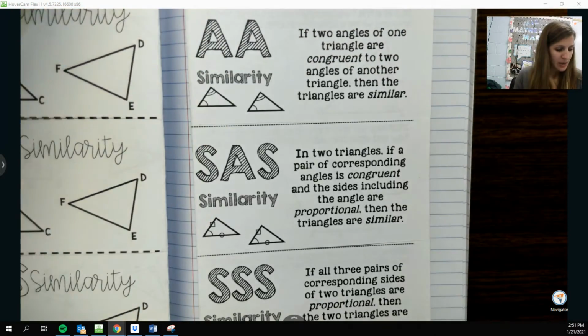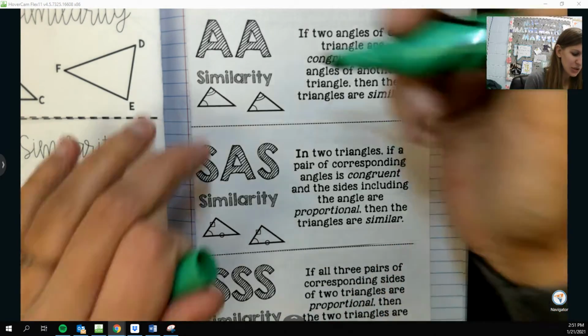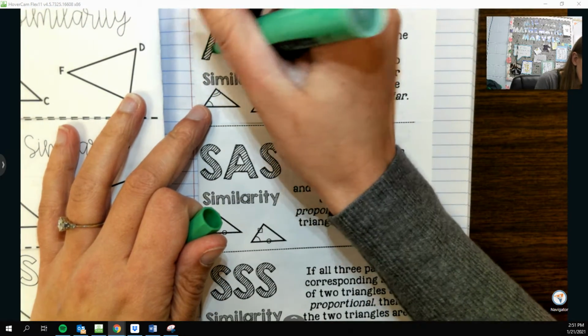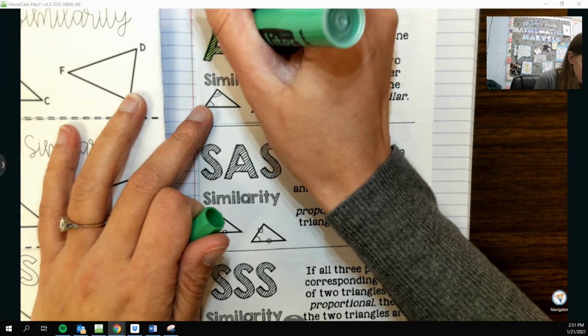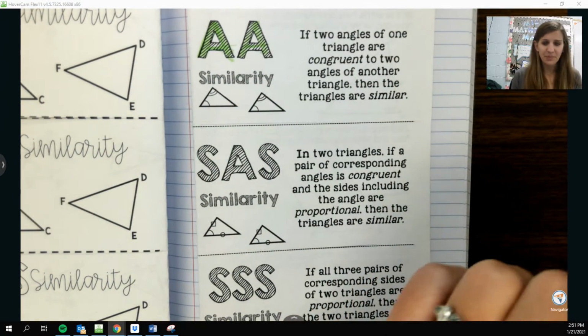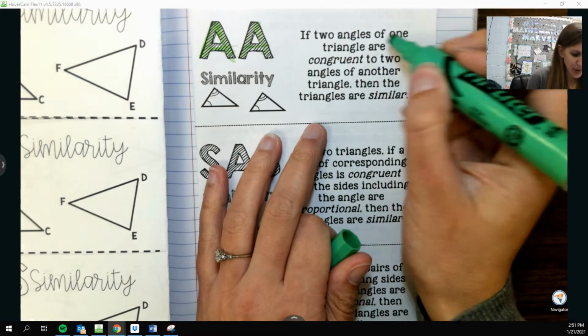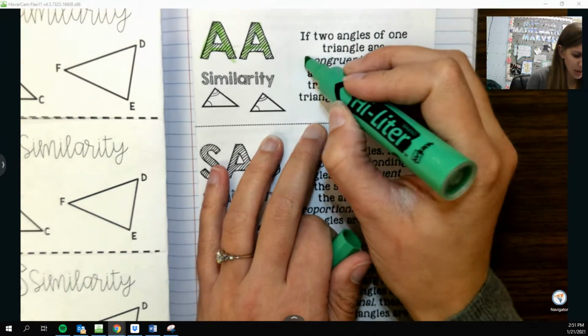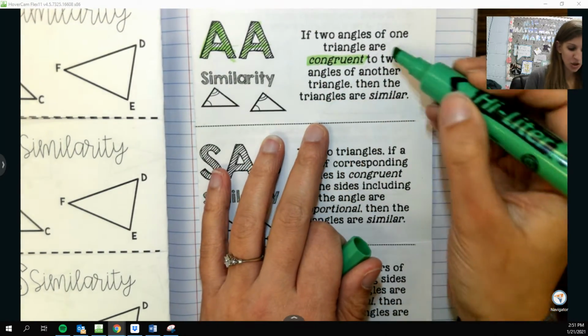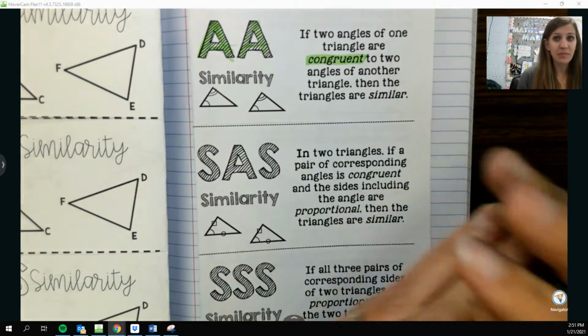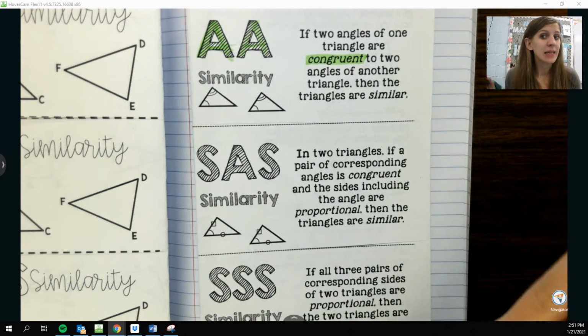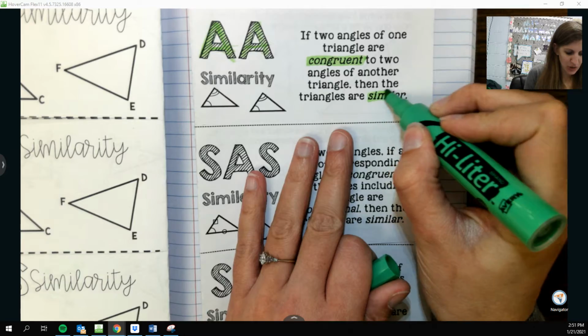So for this one, I can use angle-angle similarity to prove that 2 triangles are similar to each other just by looking at how the picture is marked. And if 2 angles of one triangle are congruent to 2 angles of another, then at the very, very least, they will be similar to each other.